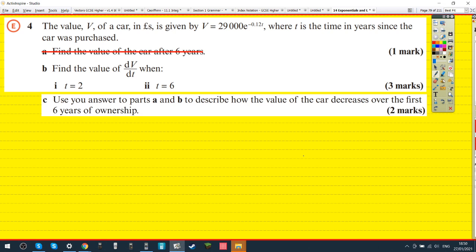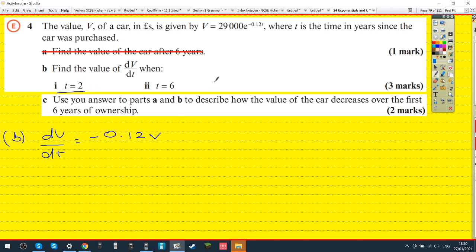Okay, part B for this one. Minus 0.12V. Great. And what one to use too? So what does that give us? Minus 0.12V gives us dV/dt, but now we want dV/dt when t is 2.